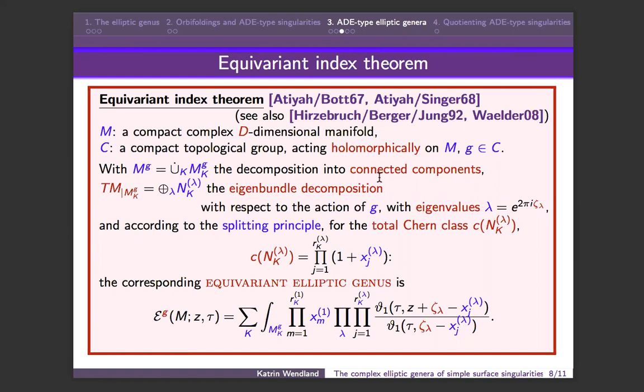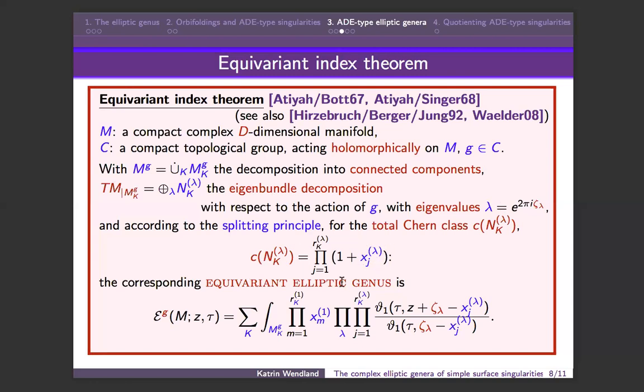And the recipe to do the calculation is as follows. You need the fixed point locus, you decompose it into its connected components. Then the tangent bundle restricted to any of these components will decompose into a direct sum of eigenbundles. G has an induced action on that tangent bundle, and the eigenbundles are labeled by the respective eigenvalues lambda, which I write as e^{2πiζ_l}. Then again, we need those Chern roots with the trick of the splitting principle.